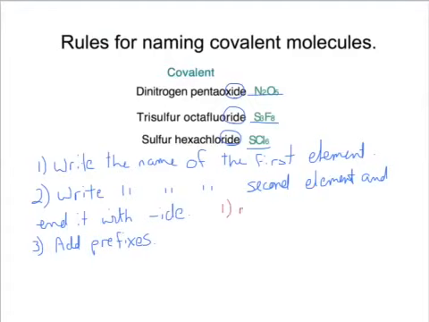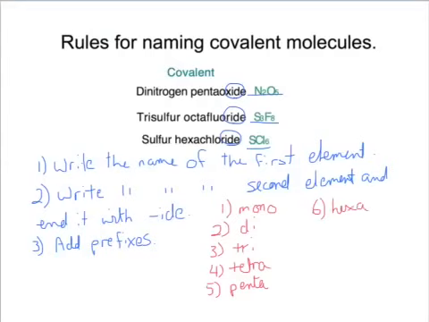For the prefixes, 1 would be mono, 2 would be di, 3 is tri, 4 is tetra, kind of like tetrahedral or tetras, 5 is penta, 6 is hexa, 7 is hepta, 8 is octa, 9 is nona, and 10 is deca. And you do need to memorize these prefixes.